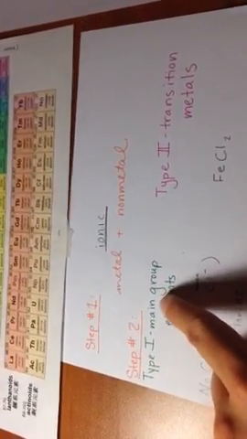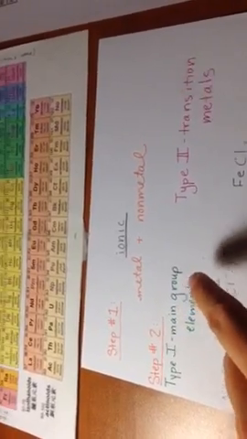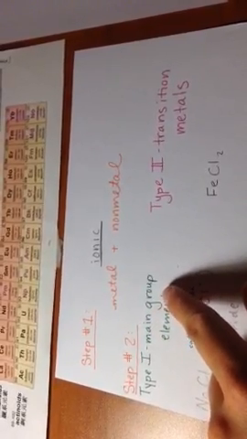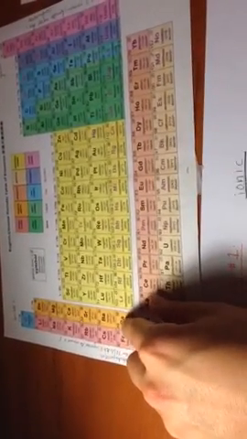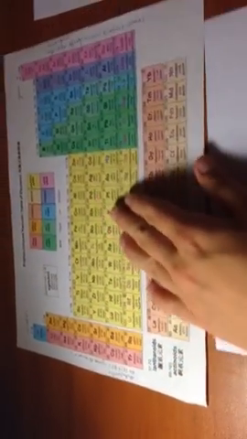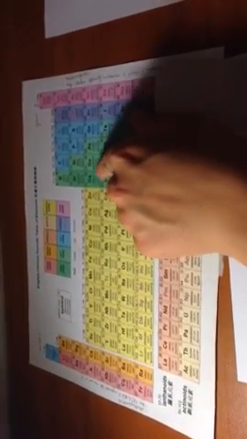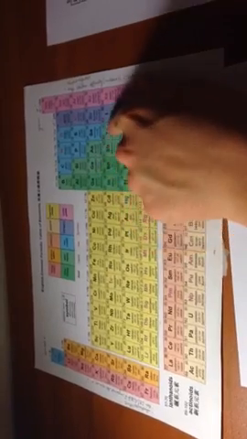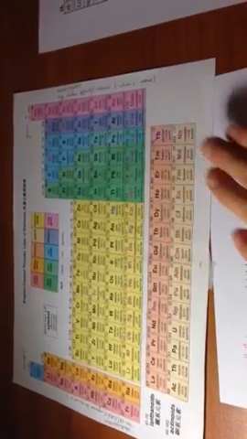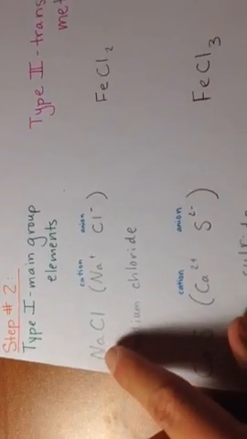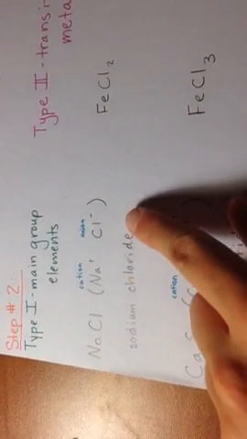You want to check where the particular atoms come from on the periodic table. If they're from the main groups, those on the left, and then picking back up over here with these 6 groups on the right, then you'll follow these type 1 rules, which is just what we went over, where you have a combination of your cation and anion.